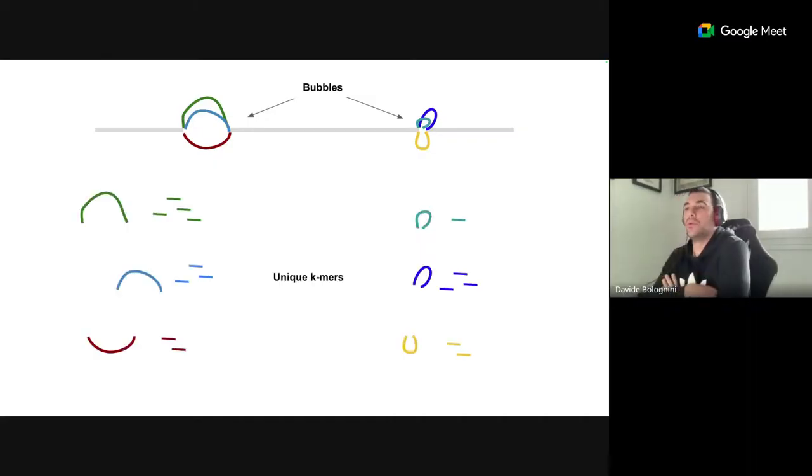So that's just an example. You will have, for instance, 4 unique k-mers for the green part of the bubble, 3 for the light blue one, 2 for the red, and so on and so forth.